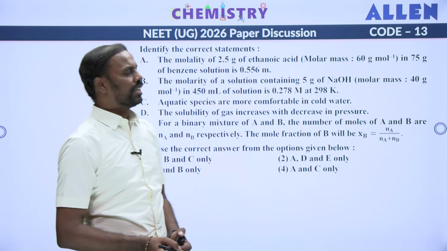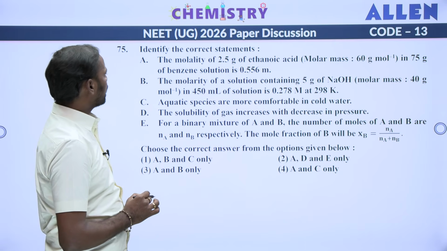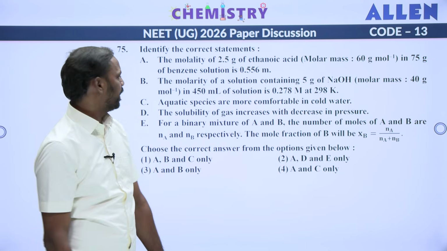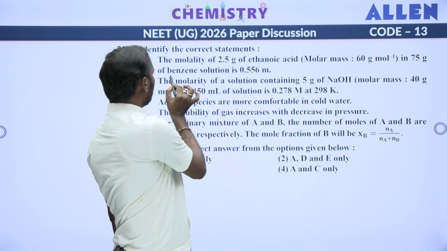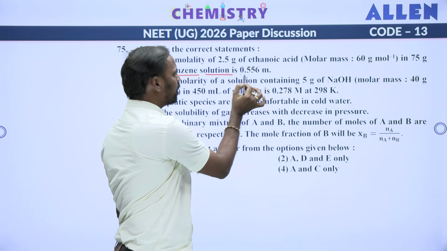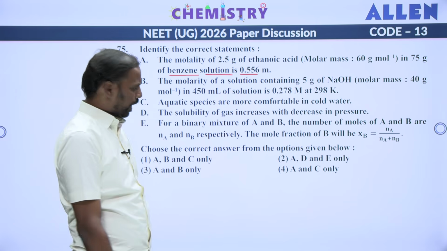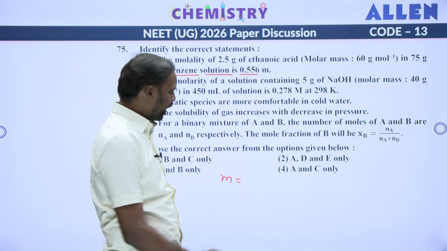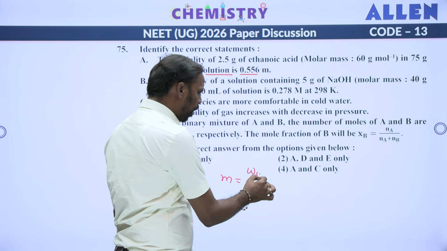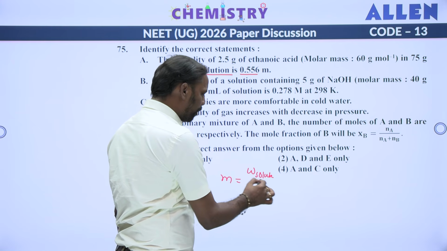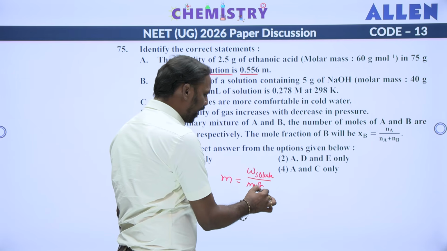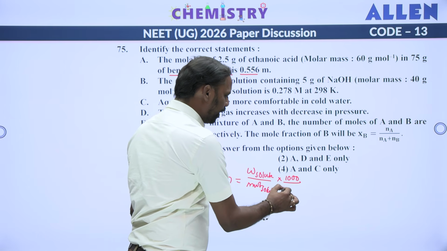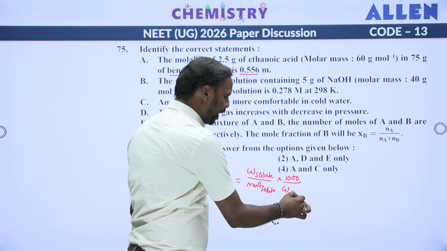Next, identify the correct statement, they are asking. See, the molality of 2.5 grams of ethanoic acid in 75 grams of benzene solution. As we know, molality, which is represented with a small m, is equal to the weight of solute divided by the molecular weight of solute, into 1000 divided by the weight of solvent.